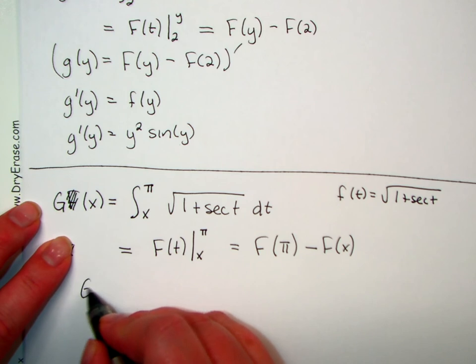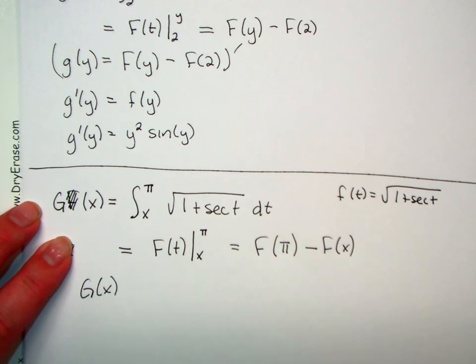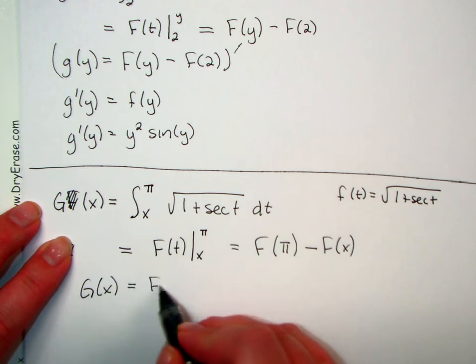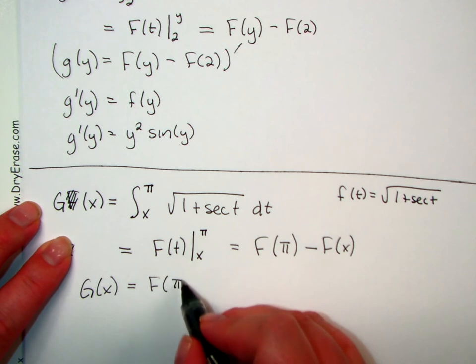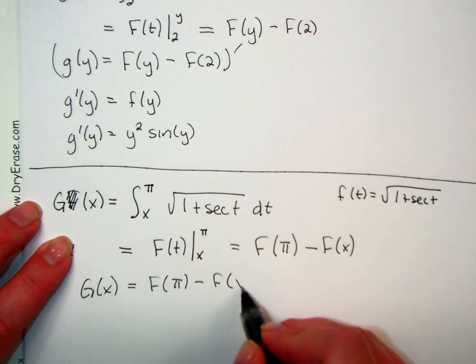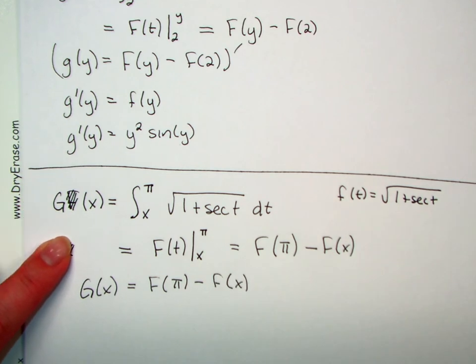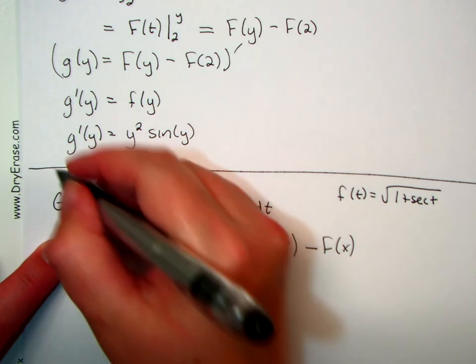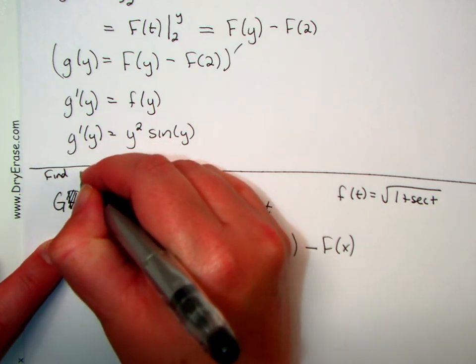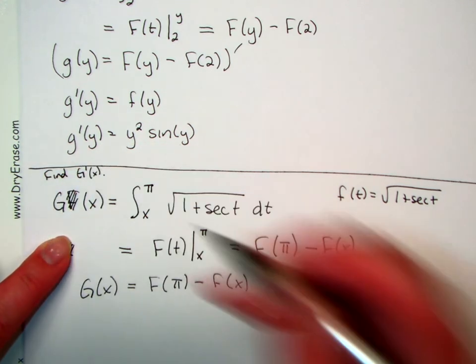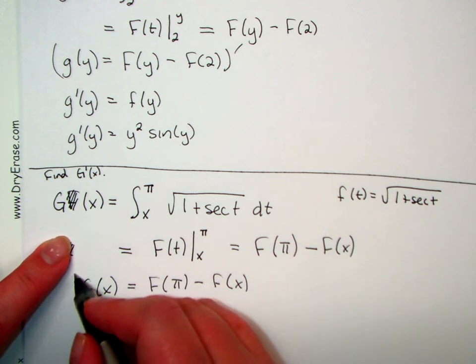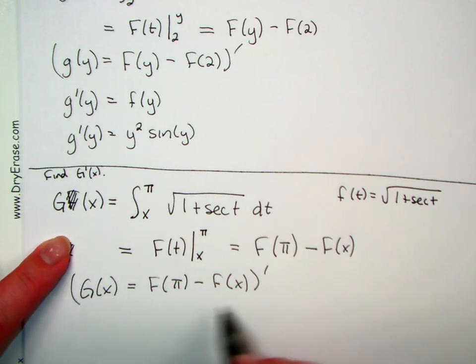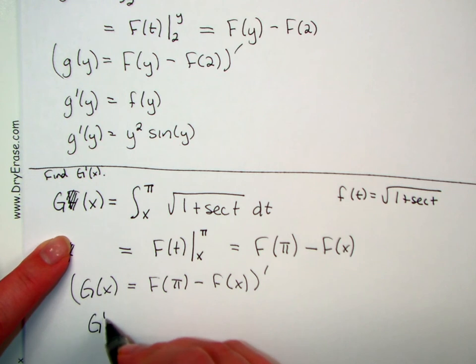So now I have capital G of x, the area function, equal to the antiderivative at pi minus the antiderivative at x. And we always want to find the derivative of g of x. It's always going to say find g prime of x, so we want to differentiate this equation here. So we're going to get g prime of x equals.